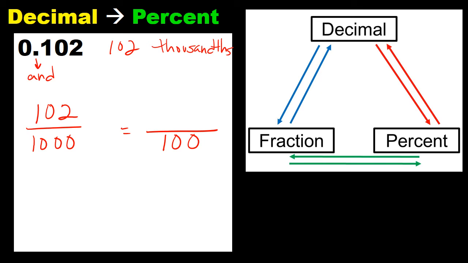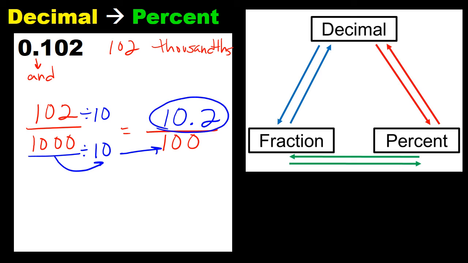And to go from 1,000 to 100, we're going to divide the top and bottom by 10. 1,000 divided by 10 gives us 100. And 102 divided by 10 as a decimal is 10.2. And you notice that our numerator is going to be our percent.